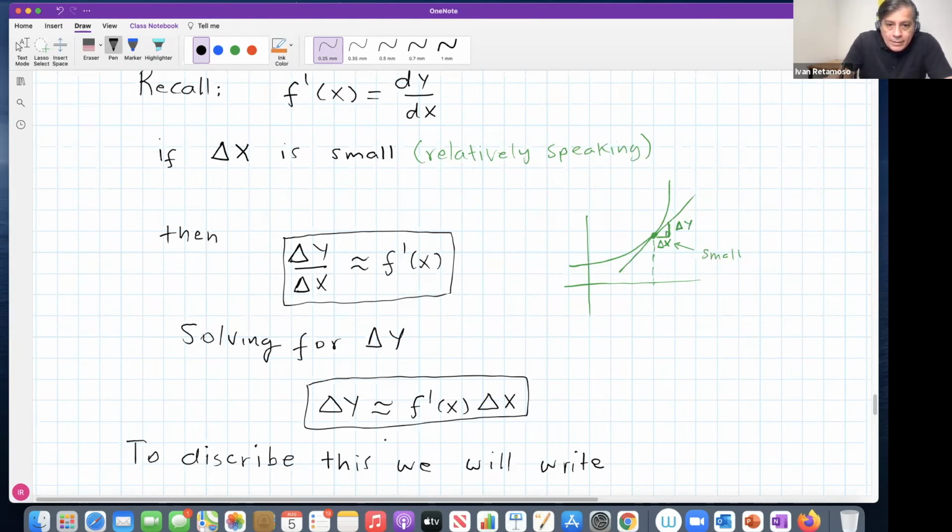why is that a big deal? Well, imagine, right? This function measures your cost function. You're a CEO of a company. This function measures the cost of producing x items. And you want to, in your mind, estimate what will happen if you increase the production minimally by, let's say, 1 unit. What will happen with the output values, right?